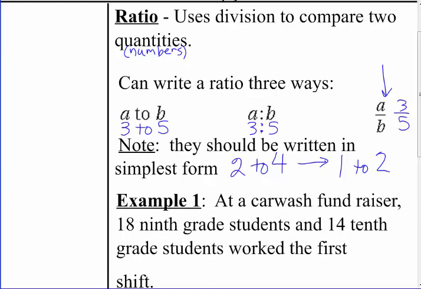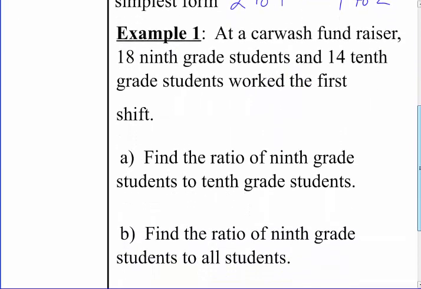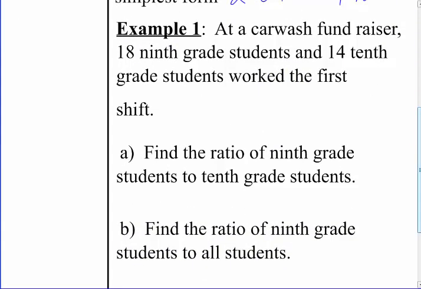And here's an example. At a car wash fundraiser, 18 9th grade students and 14 10th grade students worked the first shift. We want to find the ratio of 9th grade students to 10th grade students. Anytime you're using ratios and comparisons, it helps to use the words to get it set up.